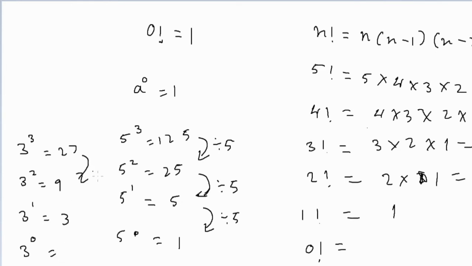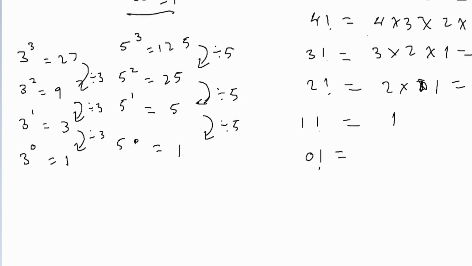The pattern is 3 to the 3 divided by 3 is equal to 3 to the 2. And 3 to the 2 divided by 3 is equal to 3 to the 1. So 3 to the 1 divided by 3, 3 divided by 3 is equal to 1. Hence, we have proved that a to the 0 equals 1.